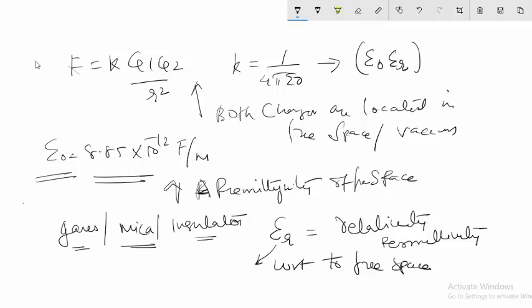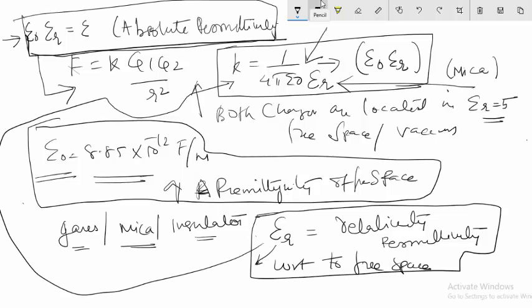Again, epsilon naught and epsilon r together are known as the absolute permittivity. So it is epsilon naught into epsilon r. Epsilon naught is the permittivity of free space, and the value is 8.85 into 10 raised to minus 12.